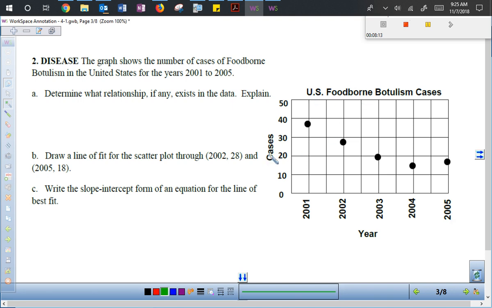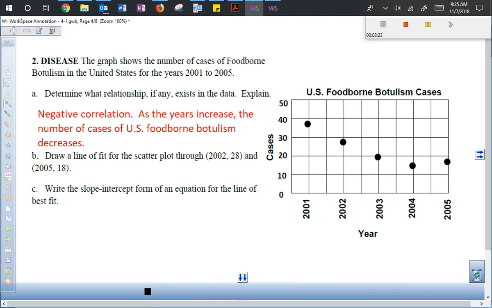We can't just say the cases decrease because that's not enough information. We want to say the number of cases of U.S. foodborne botulism decrease. So again, you can pause the video and write that down if you need to. As the years increase, the number of cases of U.S. foodborne botulism decrease.